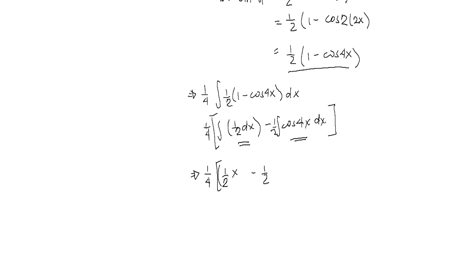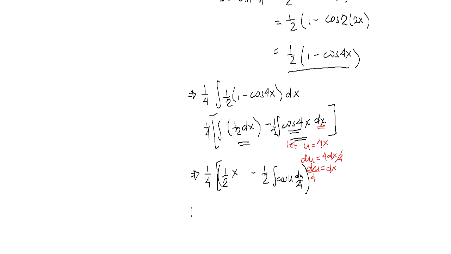Let u once again equal 4x, then du is equal to 4 dx, but we only need dx here, so let's divide by 4. Therefore du over 4 is equal to dx. We can simplify this as the integral of cosine u du all over 4.